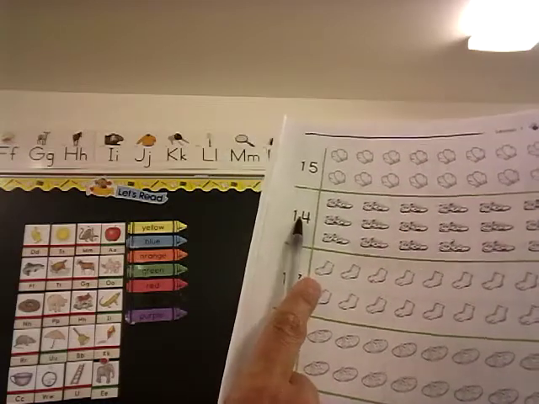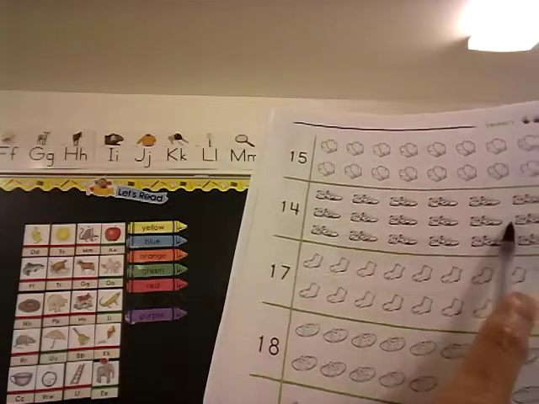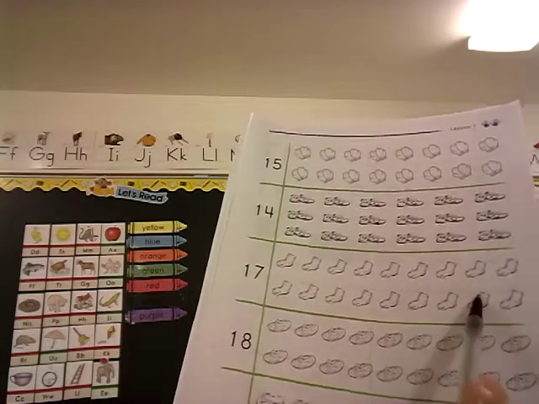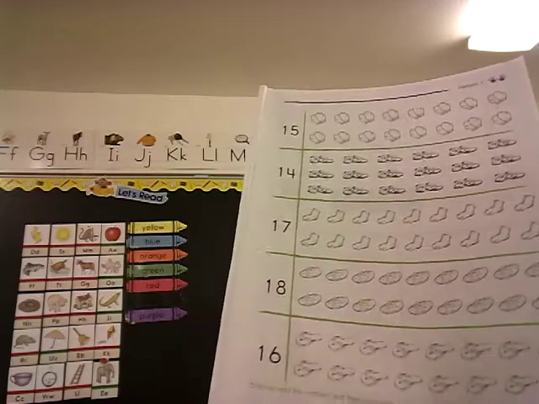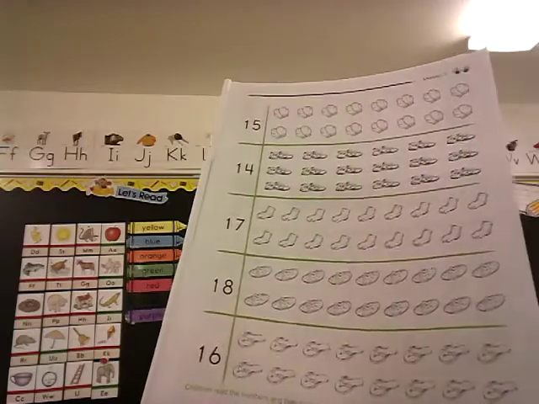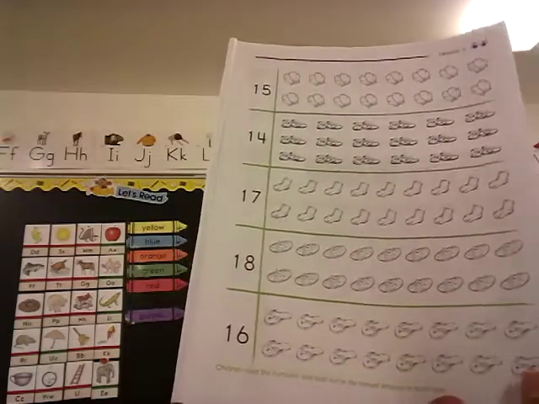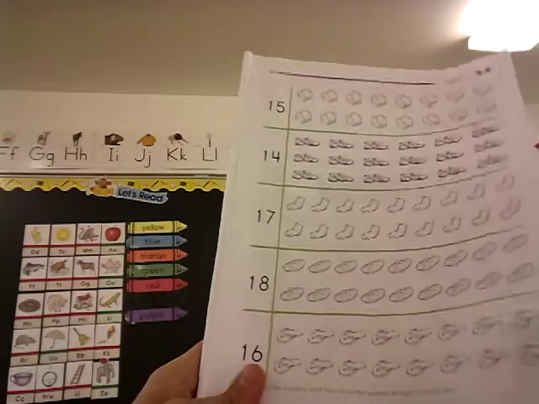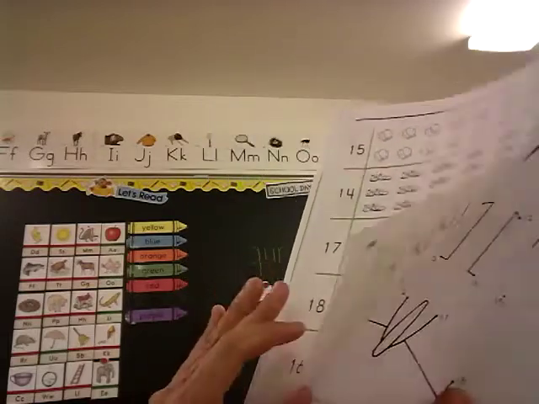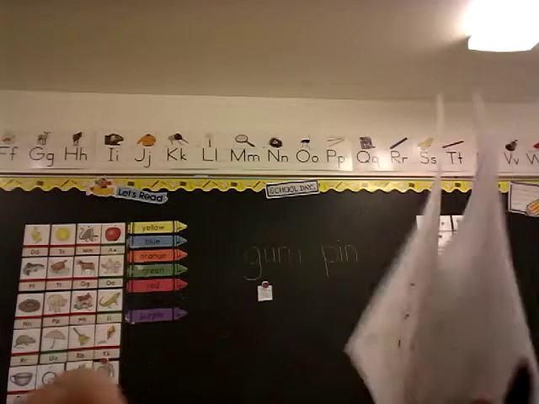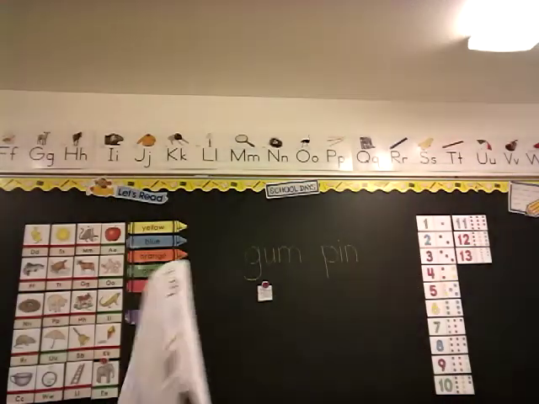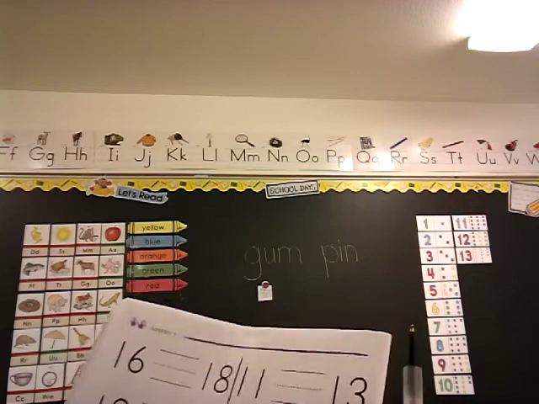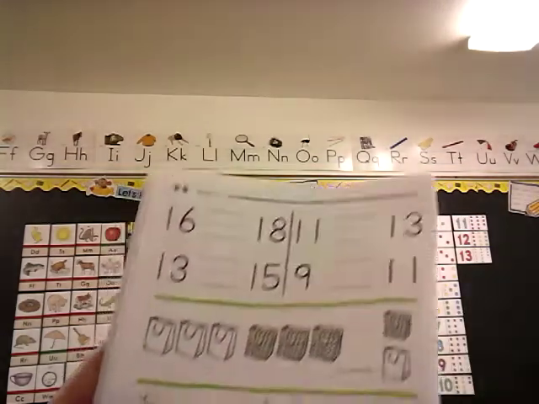And then you're supposed to circle 14 of the shoes, 17 socks, 18 hats, and 16 flip-flops. So that's just counting and circling. That should come pretty easy for you. You may have to come back later and do that. We're going to go on to this part.